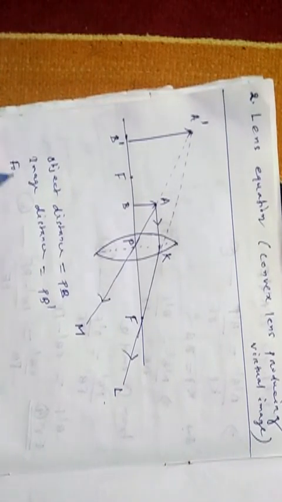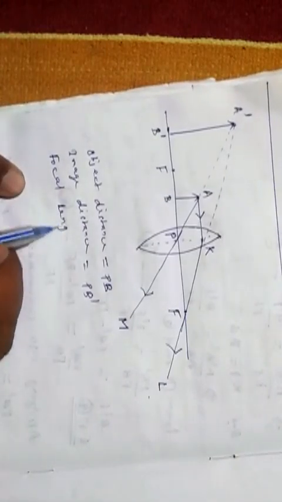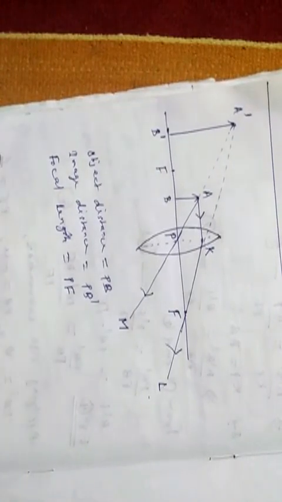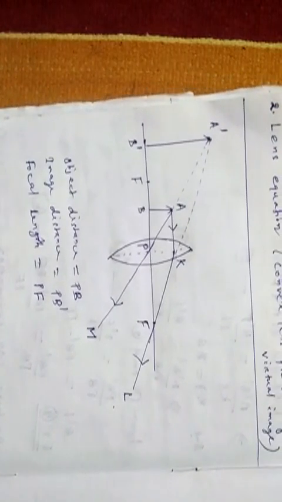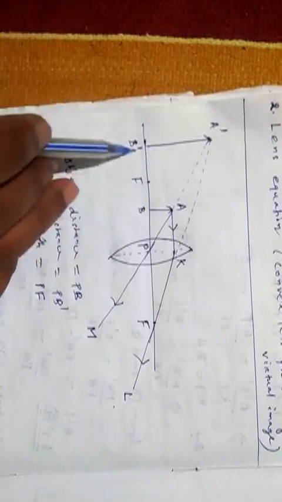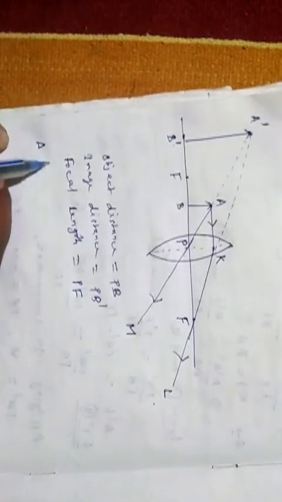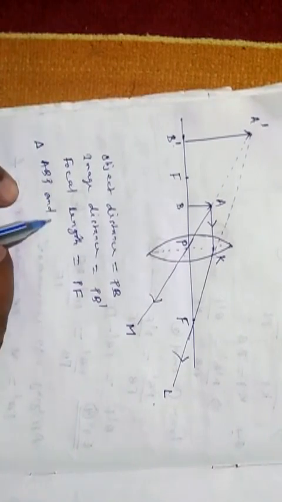Focal length is equal to PF. Let us see here that triangle ABP and triangle A dash B dash P are similar.